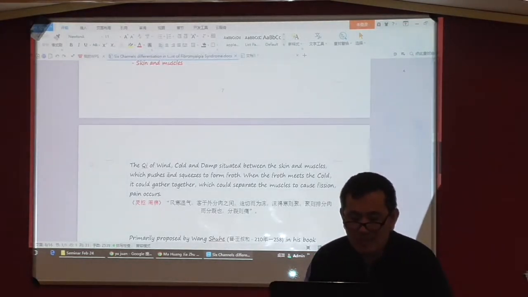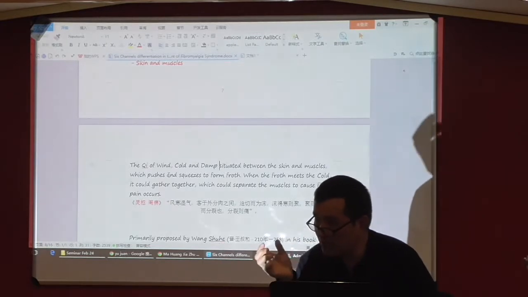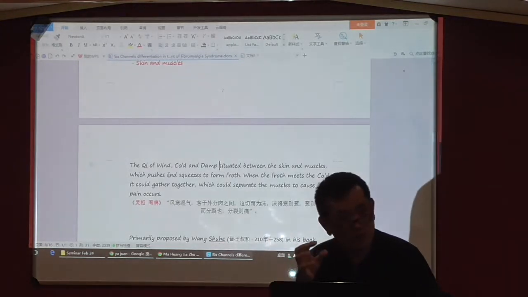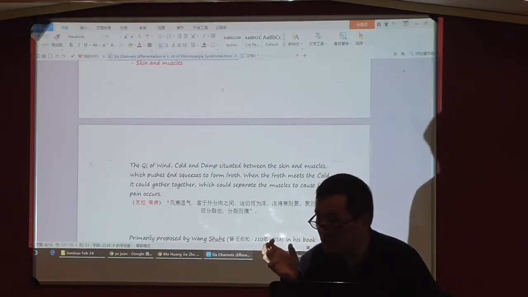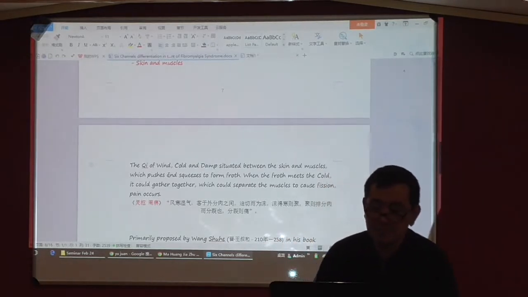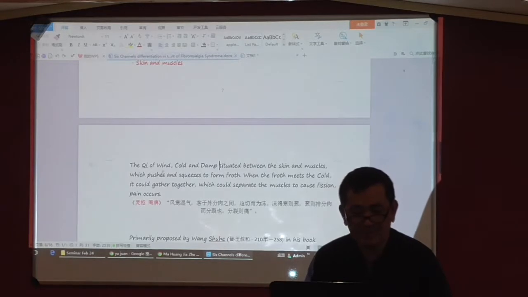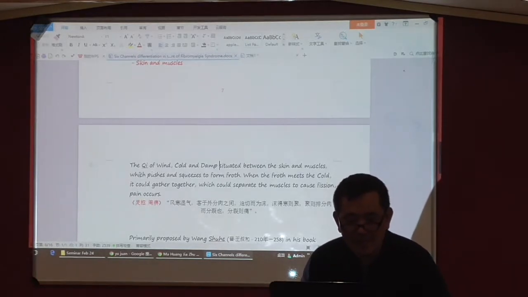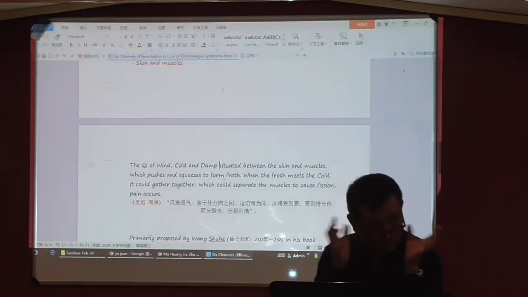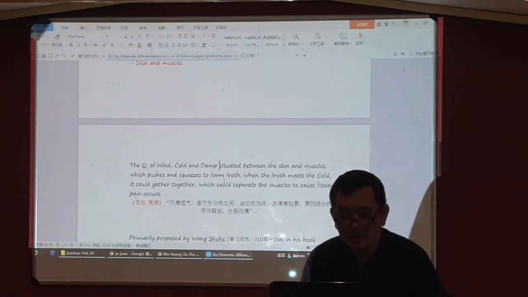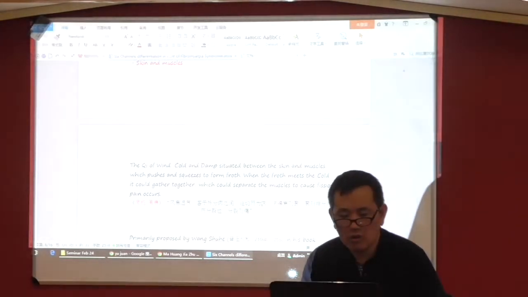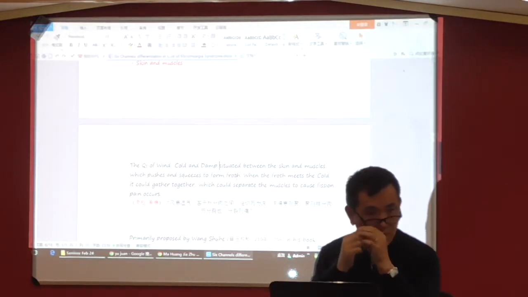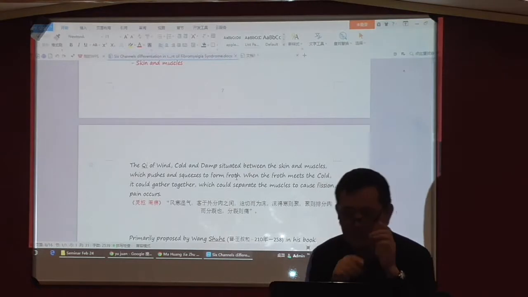And then, because between the muscle and skin there's fluid, there's wei qi, there's yin qi, those pathogenic factors push and squeeze together, and make them into water, into phlegm, a kind of froth. It's bubbles.